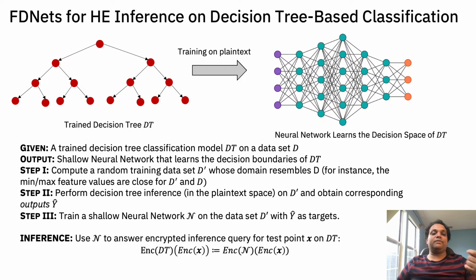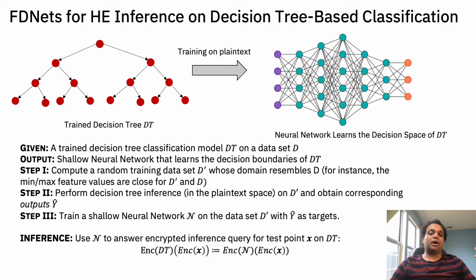And then we perform a decision tree inference, and this is done in the plain, on the cloud in the plain text space on the D prime, and obtain all the corresponding outputs of running D prime on the original model DT.